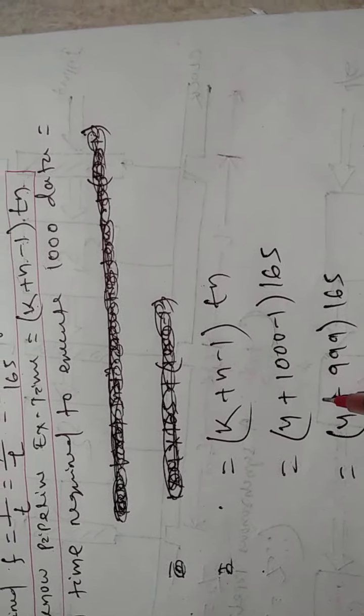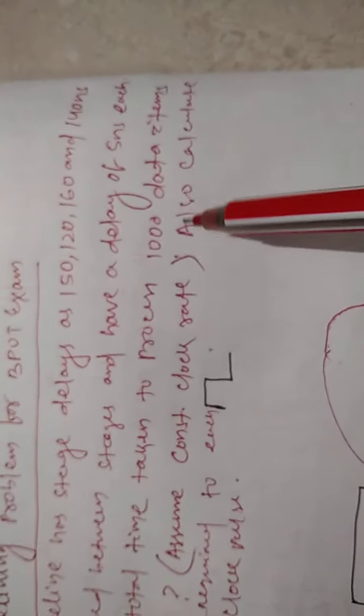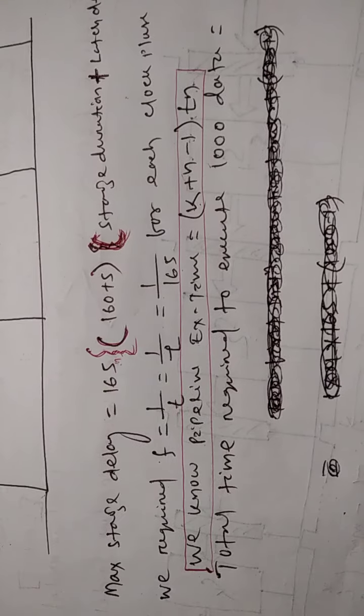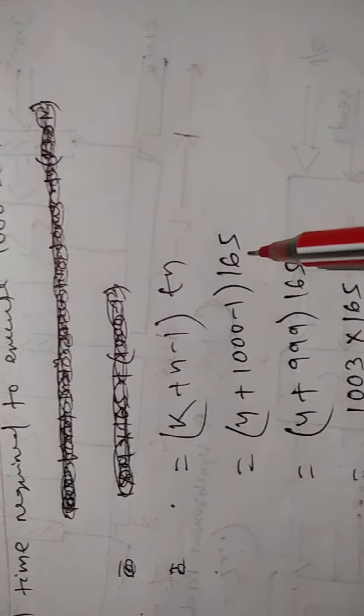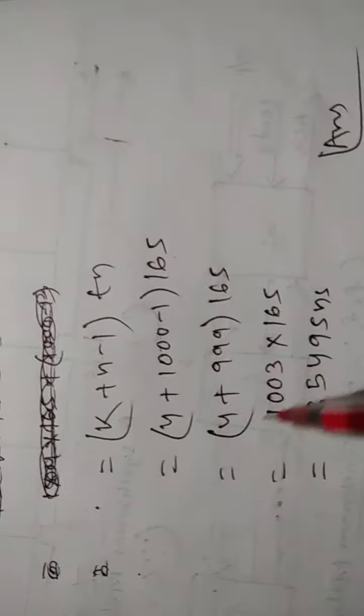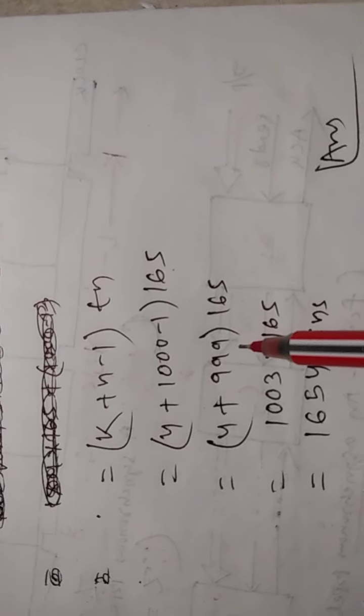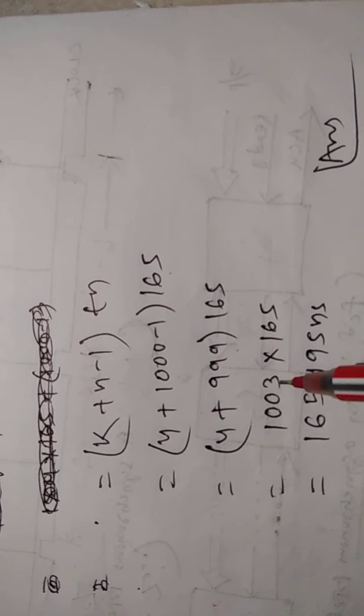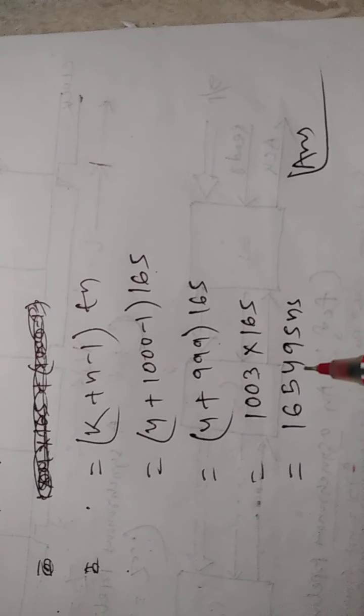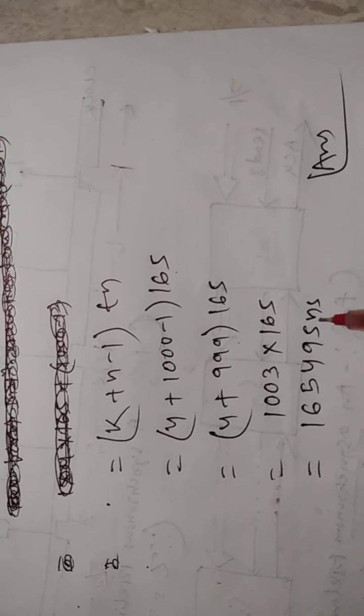How many phases are here? 4 phases, so k is 4. How many data items are there? 1000, so 1000 minus 1, times the maximum stage delay, which is 165. So 1000 minus 1 is 999, and 4 plus 999 is 1003, times 165. The total is 165495 nanoseconds.